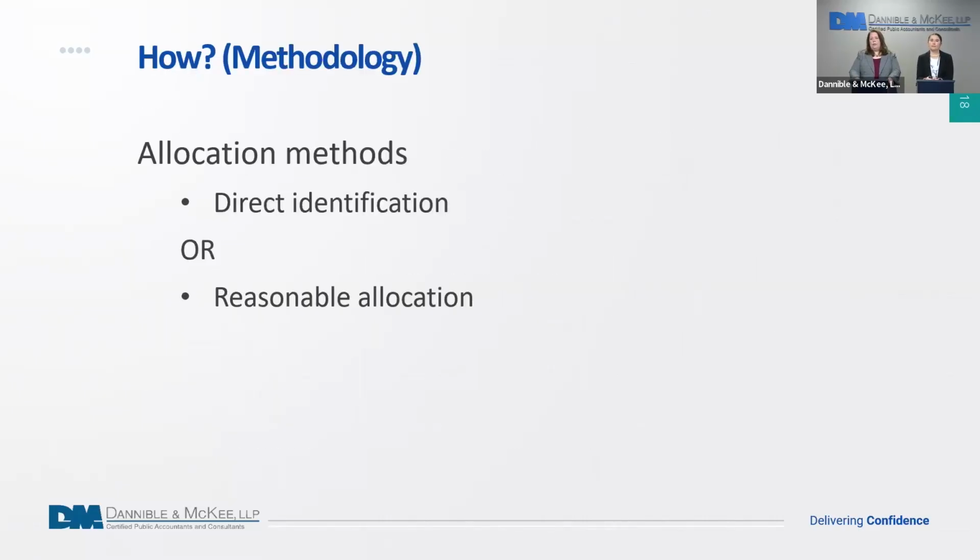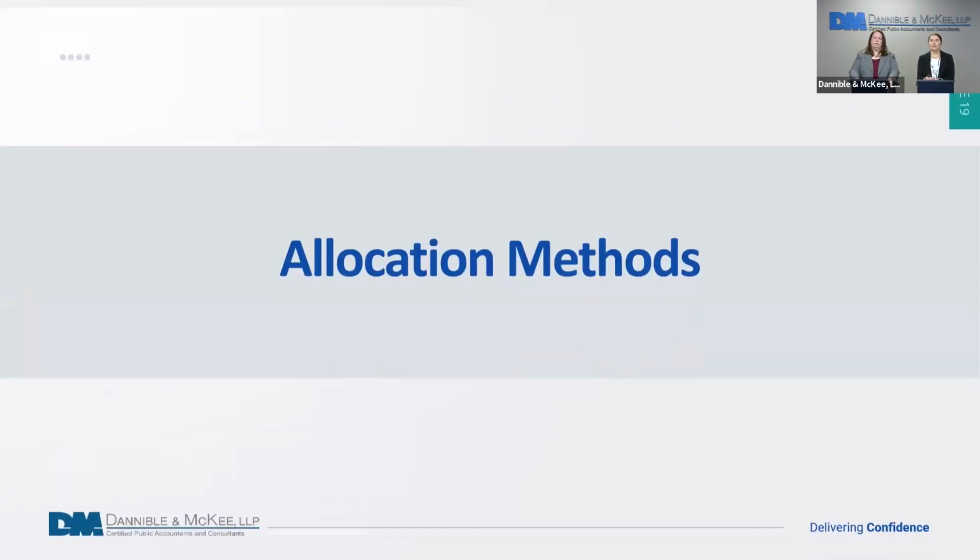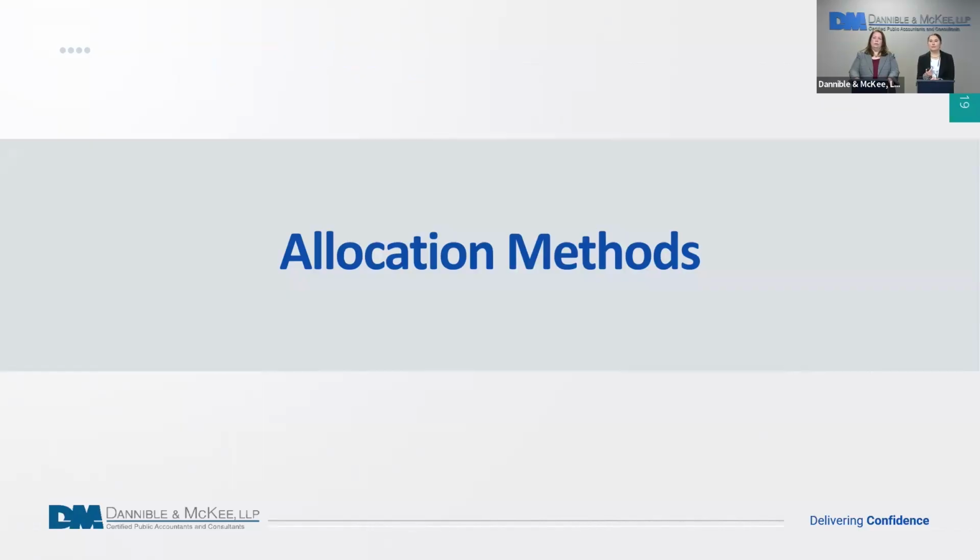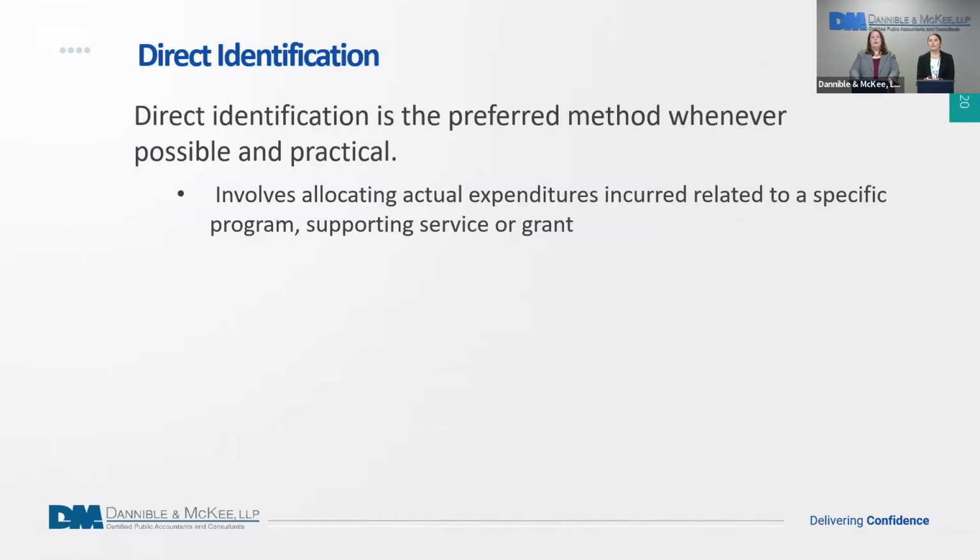So the how, the methodology. There's a couple different areas. Our allocation methods: the direct identification or a reasonable allocation. Direct identification is the preferred method whenever possible and practical.